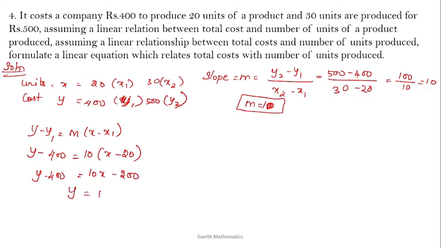So y is equal to 10x minus 200 plus 400. So y is equal to 10x plus 200. So this is the linear relationship between the cost and the production of the units. Okay. Hope you understand clearly how to formulate the relation between two variables and make that a linear equation.